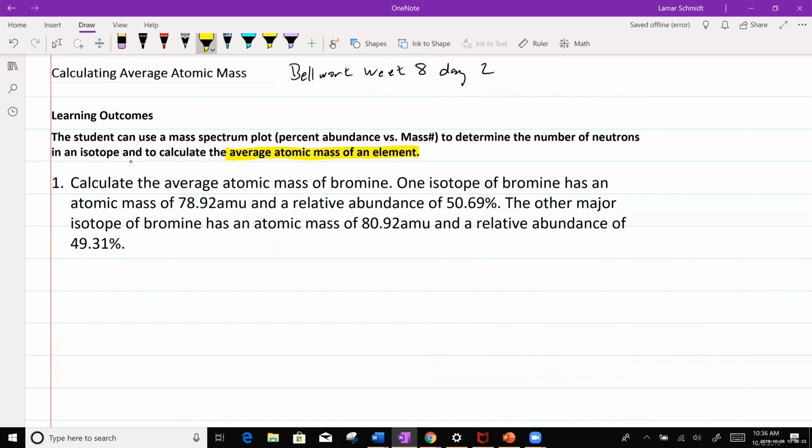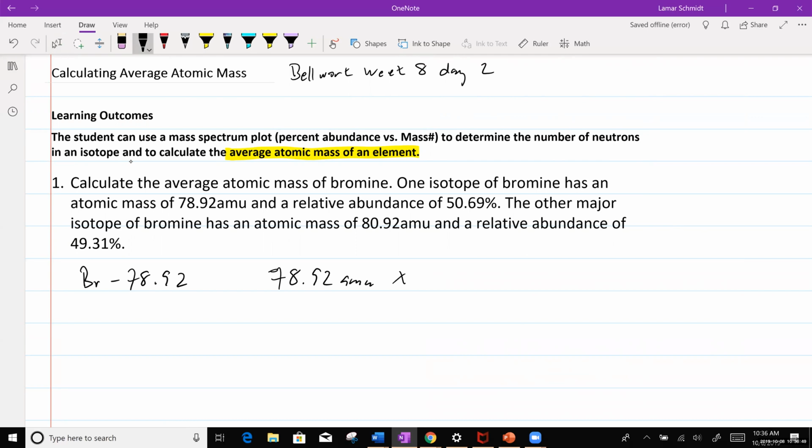So in order to calculate the average atomic mass, what we do is we first take our symbol. We have bromine, and we're going to say it's 78.92. And so you can take your atomic mass, 78.92 AMU, and you're going to multiply that by the percentage expressed as a decimal. And you get these rules from your handy-dandy notes.